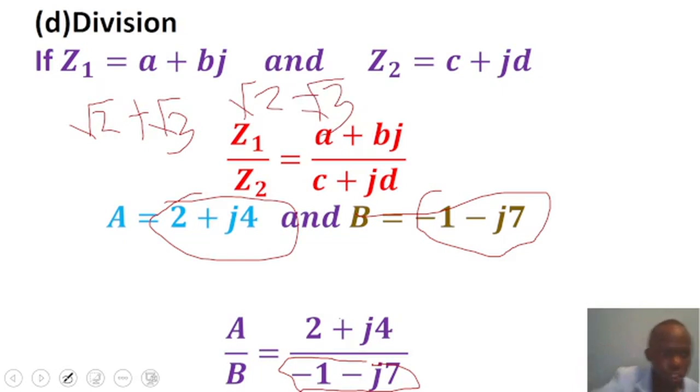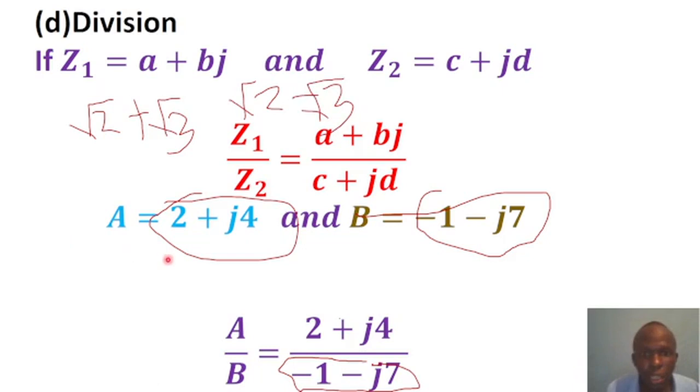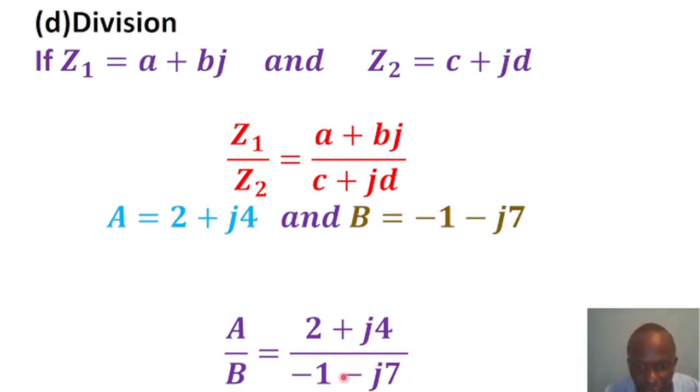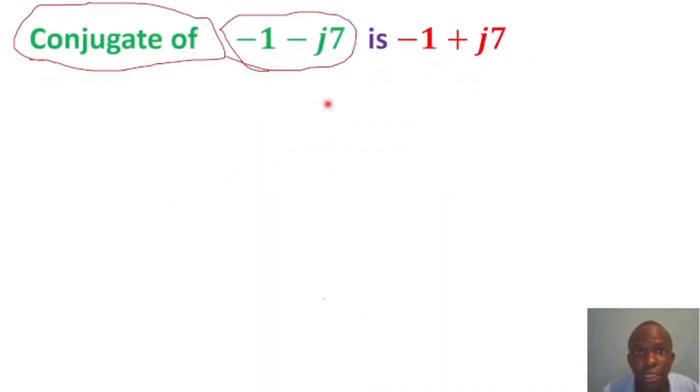What you need to do is to change the sign. Now if this is negative, you just change the sign to positive, like that. So the conjugate of -1 minus j7 is -1 plus j7. So we have just changed this sign, and that is how we've gotten the conjugate of that denominator.